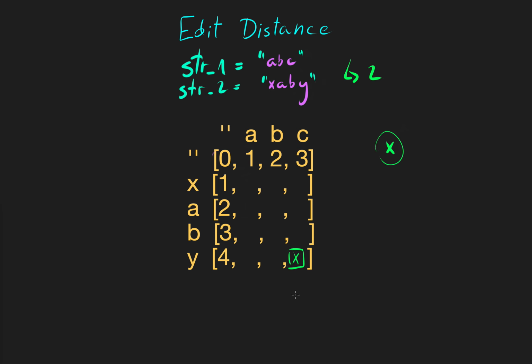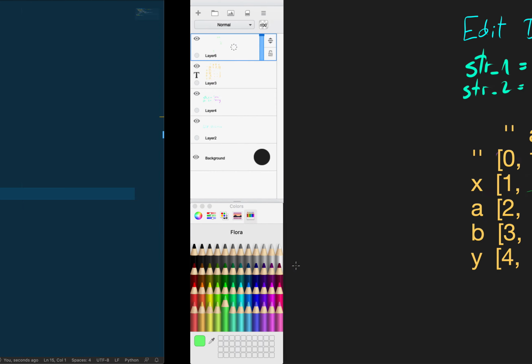That's basically how all dynamic programming questions and solutions work: we go through each small step and solve it until we get to the end. Cool, so let's look at the code.